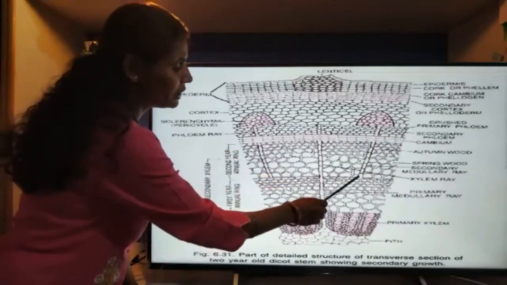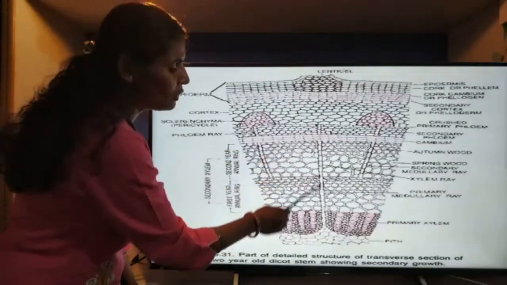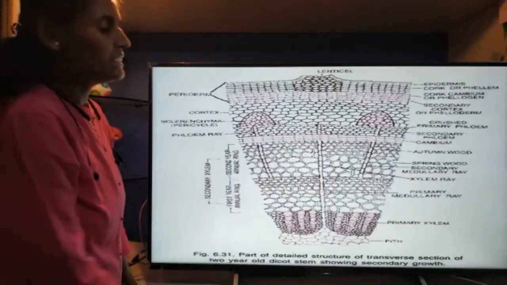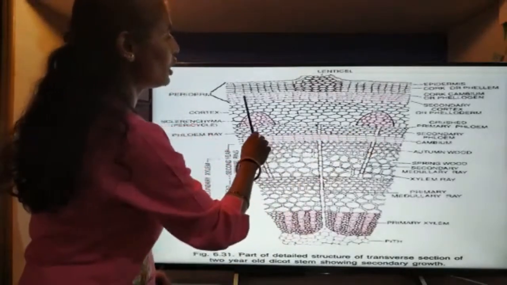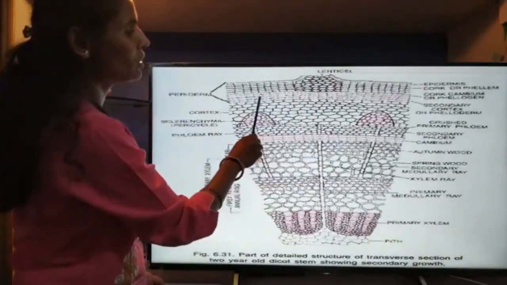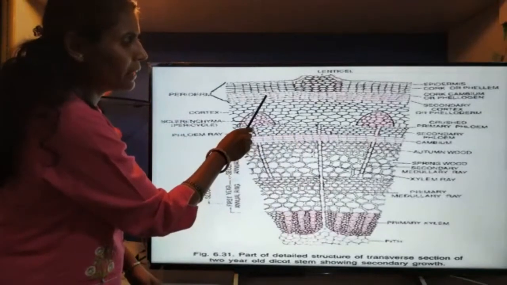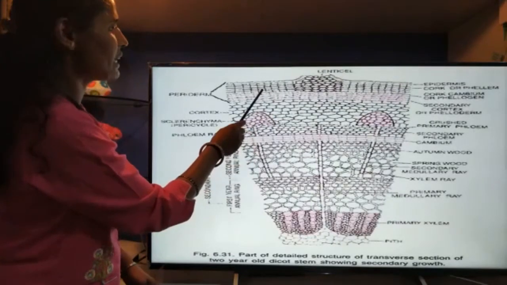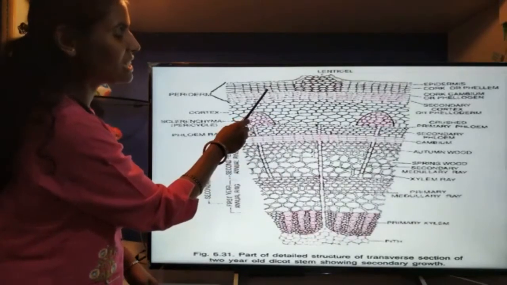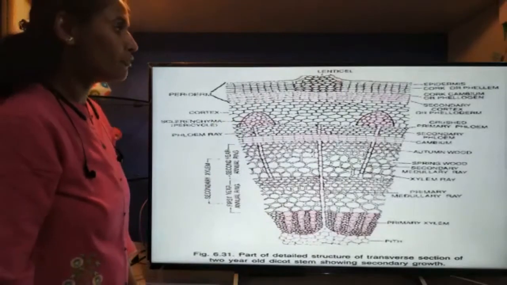And in between the two vascular bundles, the medullary rays are replaced by xylem ray and phloem ray, whereas in the cortical region, due to the activity of cork cambium, it divides and redivides and forms cells towards the inside, called the phelloderm, whereas it produces cells outside, called the phellem.